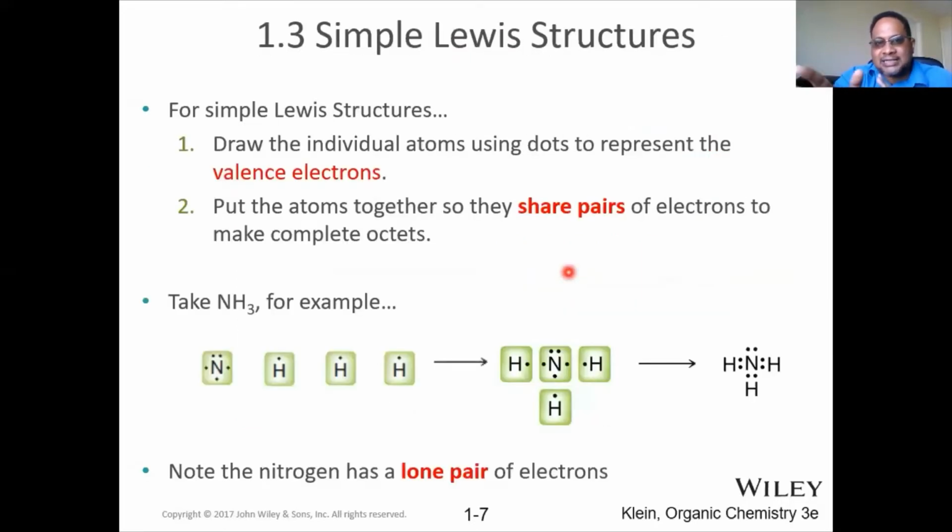Next up we have Lewis structure. Lewis structure talks about the different atoms and their valence electrons. If you take ammonia as your target molecule, the nitrogen in ammonia has 5 valence electrons. 3 of the electrons are involved in the bonding, whereas 2 electrons are unpaired.